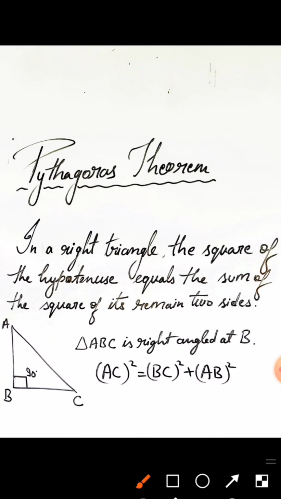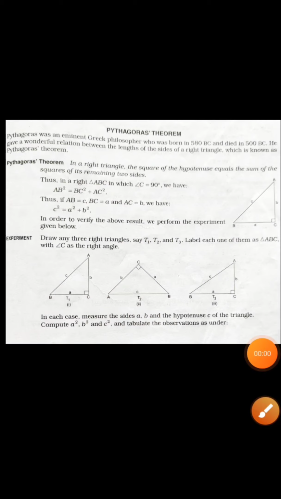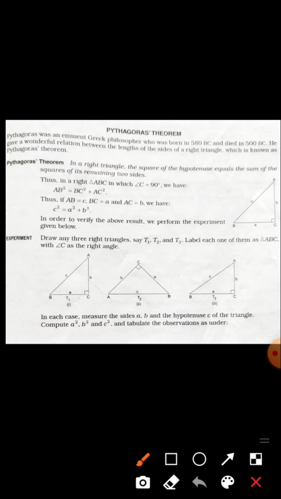So we can see here ABC is a right triangle at B, and the hypotenuse is AC here, so hypotenuse square. Now we have a small experiment. Three triangles are already drawn here. Their names are T1, T2 and T3. So we need to label each one of them as triangle ABC.